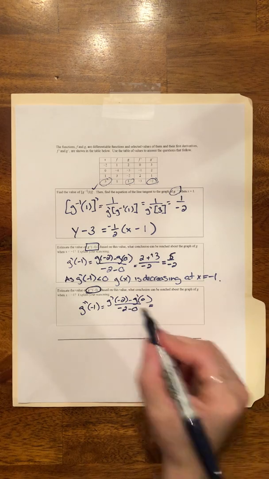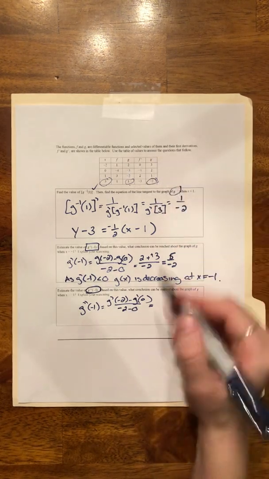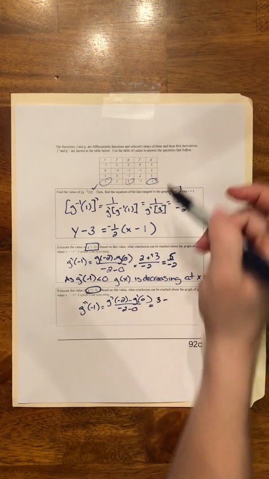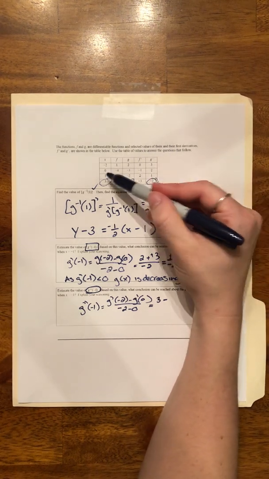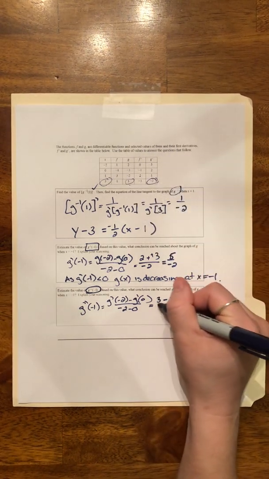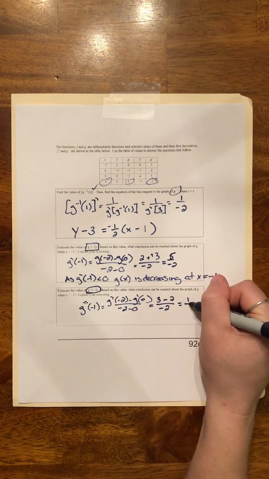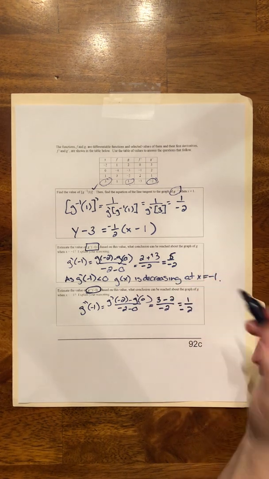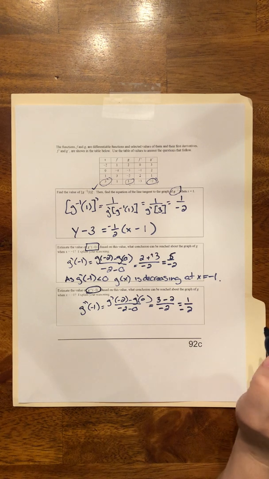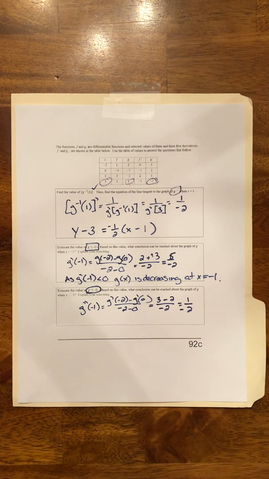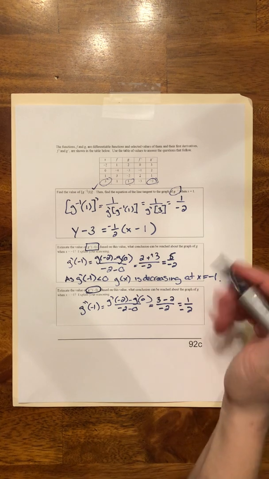And then I can see G prime of -2 is 3. G prime of 0 is 2. And this one, as long as I subtracted correctly, yeah, I actually do get -1/2. And so what conclusion can be raised about the graph of G?